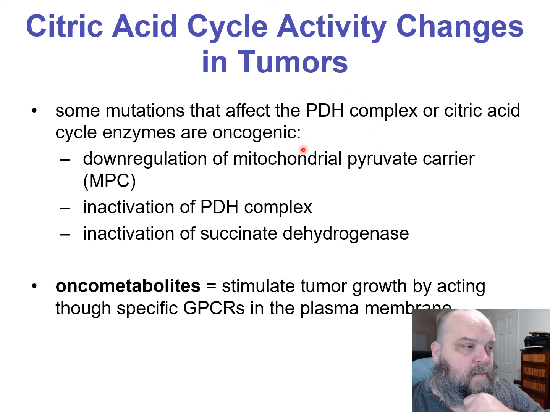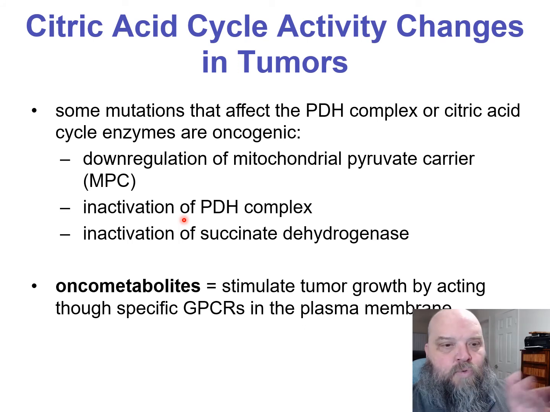We see that some of these mutations, these cancerous cells, have different parts of the citric acid cycle. These regulatory points are now lost.